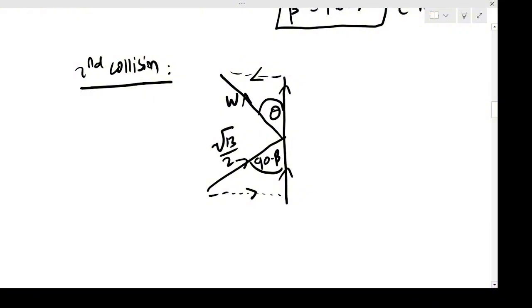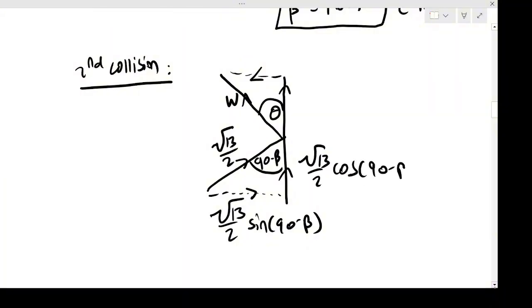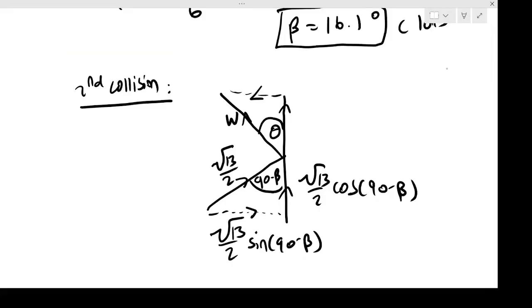Now you might say, if I was resolving in the normal way, this would be root 13 over 2 sine of 90 take away beta, and this would be root 13 over 2 cos of 90 take away beta, right? Sine is opposite or facing the angle, and cos is adjacent to it. So it's all perfectly correct.